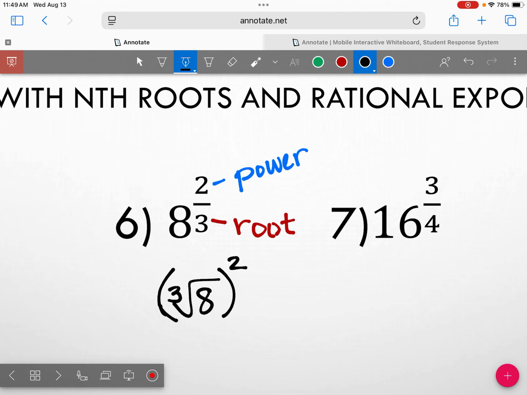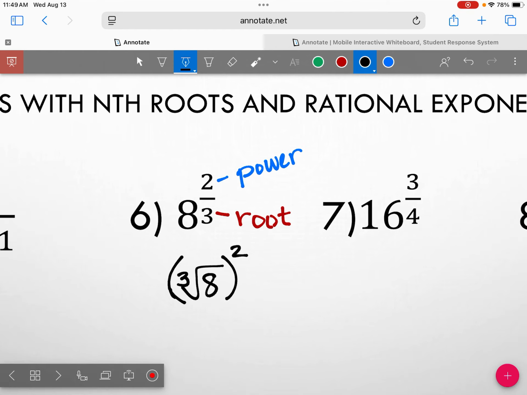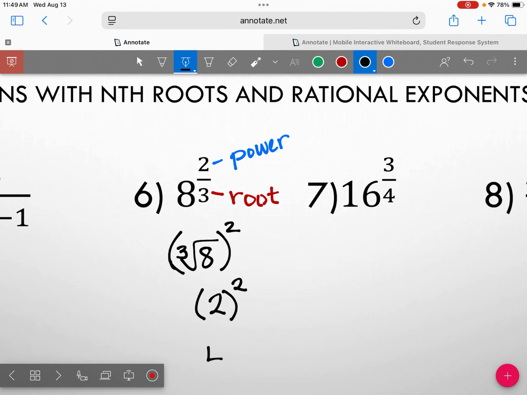So because the cube root of 8 is 2, that means I am taking 2 to the power 2. And 2 to the power 2 is 4. So that means that 8 to the power of 2/3 is equal to 4.